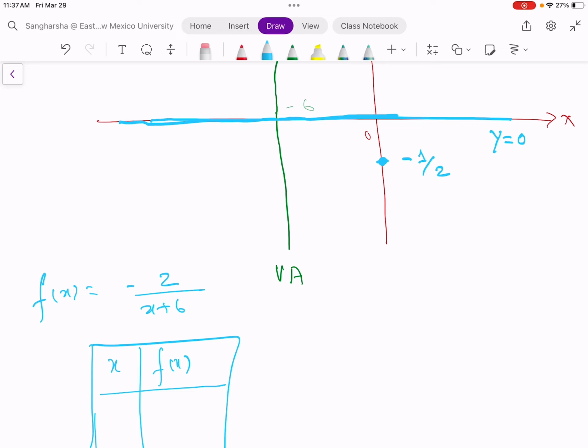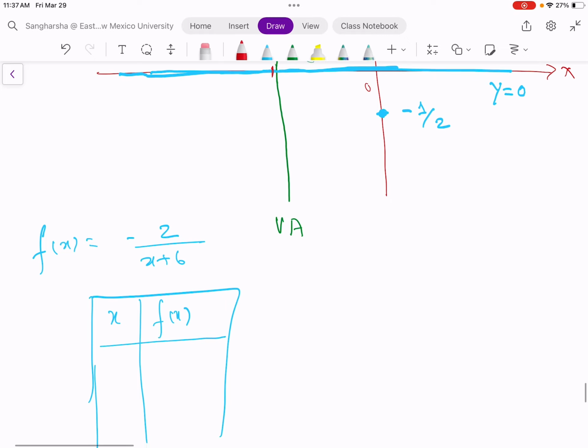Oh, is that so? -5.9 is on the right side. So we want a number very close to -6 on the left side, so it's going to be -6.1. So let's choose that number.